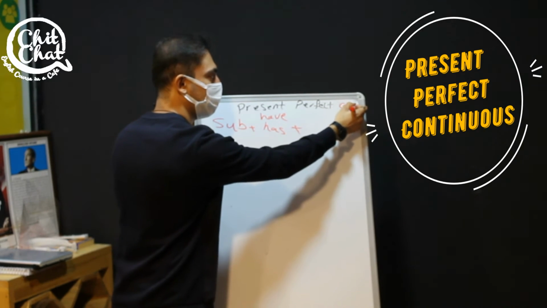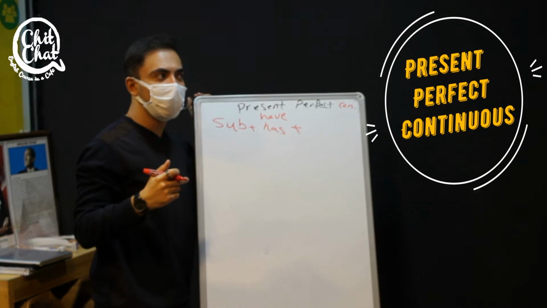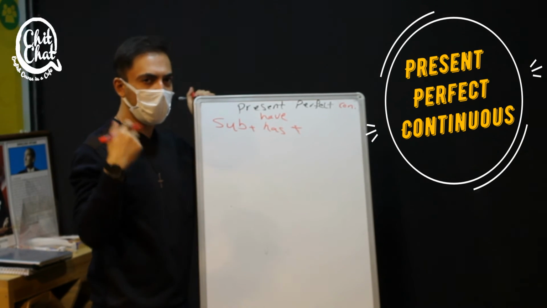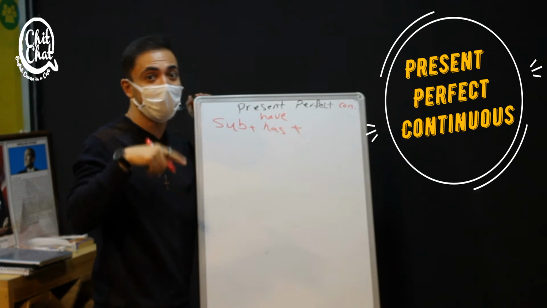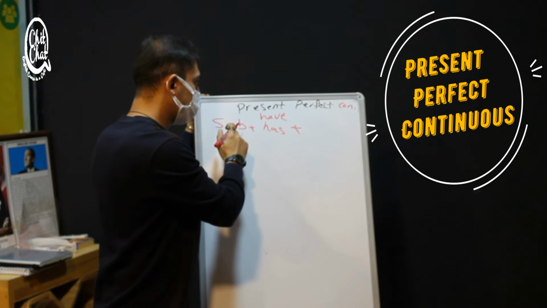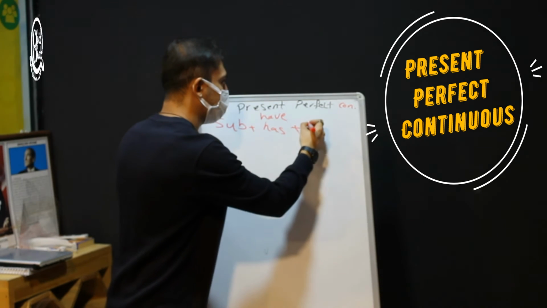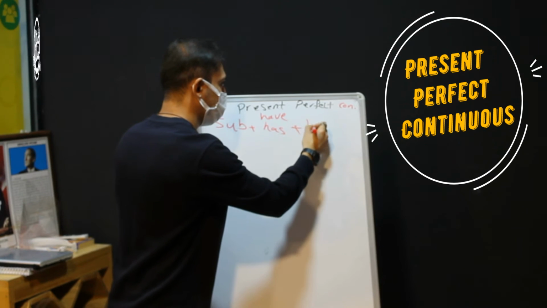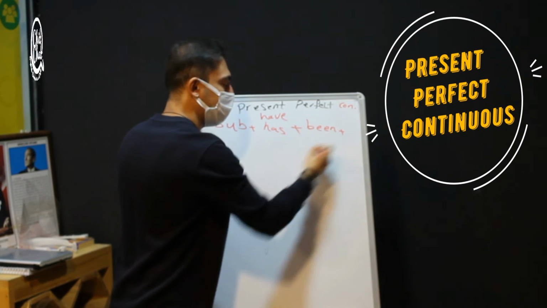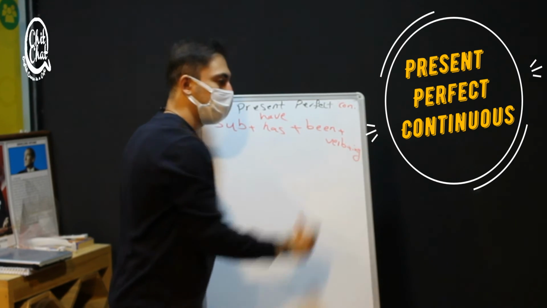I add continuous here. As you remember, in present continuous tense, I said whenever you hear the word continuous, it means that our verb should have ing. So, we use subject, have or has, plus been, plus verb plus ing.